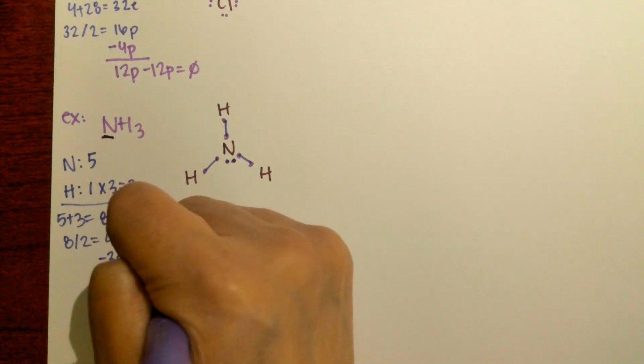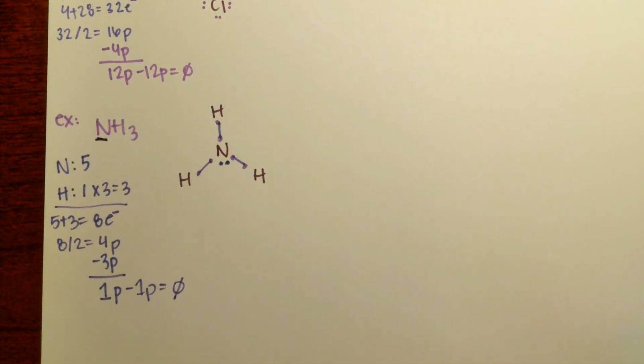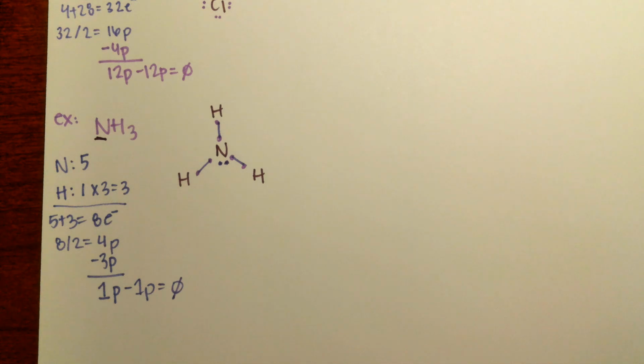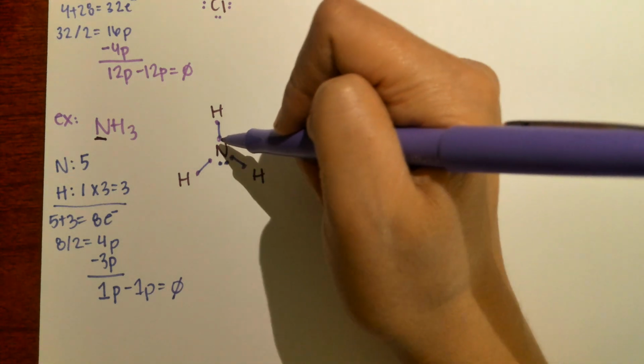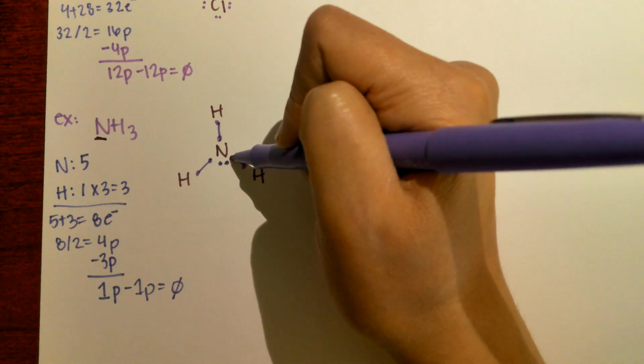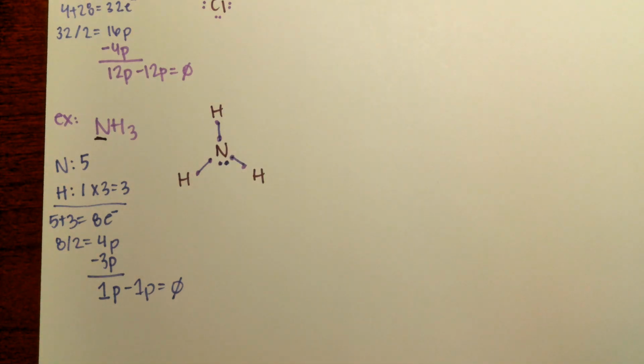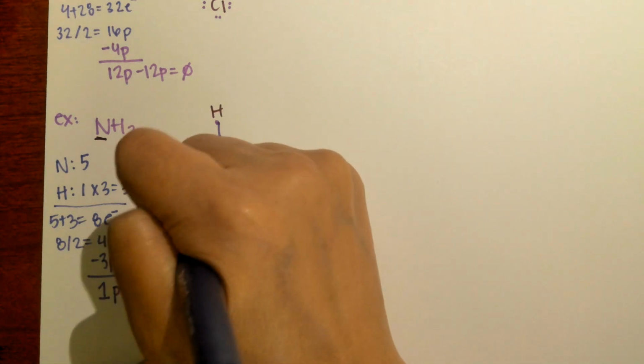So this is my structure for NH3. And that makes sense because nitrogen has 5 valence electrons if you count the dots surrounding it: 1, 2, 3, 4, 5. Now, I just said it's happy, but let's do the VBD check to check its happiness.